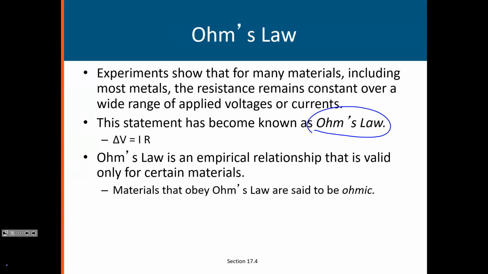It's not proper to call it a law because a law has to apply equally to everything, right? But it doesn't. But we just keep calling it Ohm's law. It's actually an empirical, experimental relationship that is valid only for certain materials. Any material that obeys Ohm's law, we call ohmic. But there are things that are not ohmic.